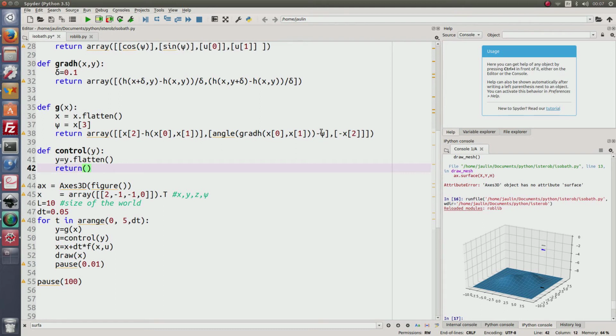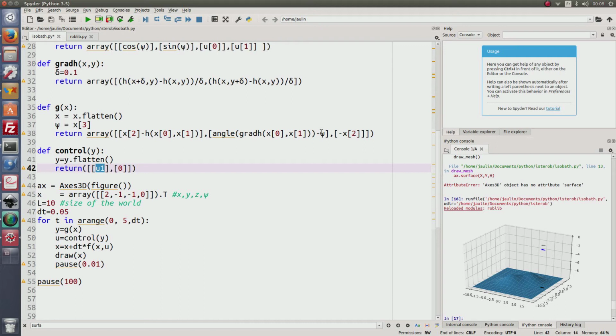So u1 will be given as the first component here, u1, here u2. So at the beginning I will not take care of the heading, later. And for u1, it is given by y3 minus y3 bar.